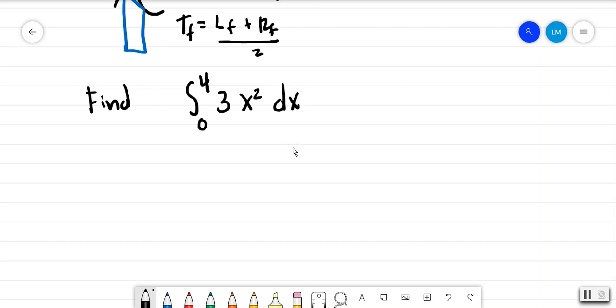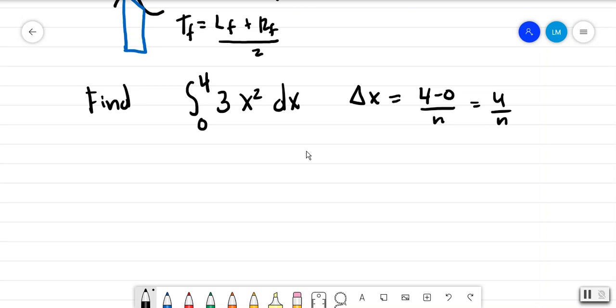What I can do is basically just say that, well, we can go ahead and find the definite integral by partitioning this. So let's say that we have delta x. So delta x is 4 minus 0 divided by n, so that's going to be 4 over n.